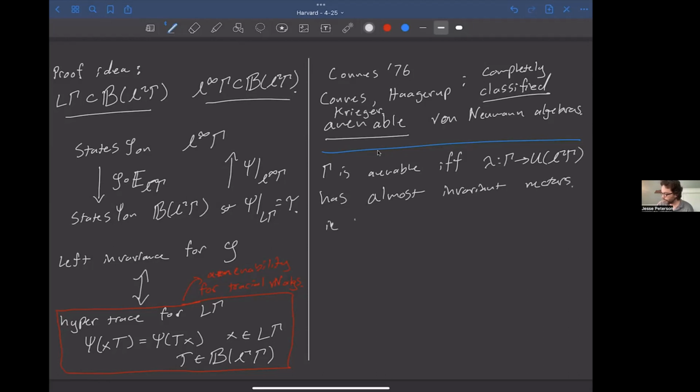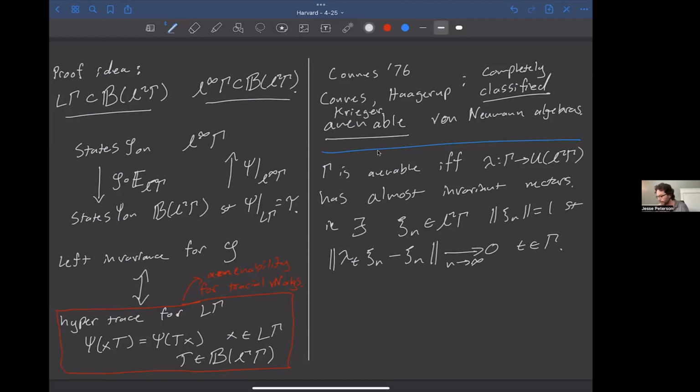That is, there exist unit vectors ξ_n in ℓ²(gamma) such that they become more and more invariant under each t. So this is equivalent to the group being amenable. It's not obvious that this is equivalent, but it is.